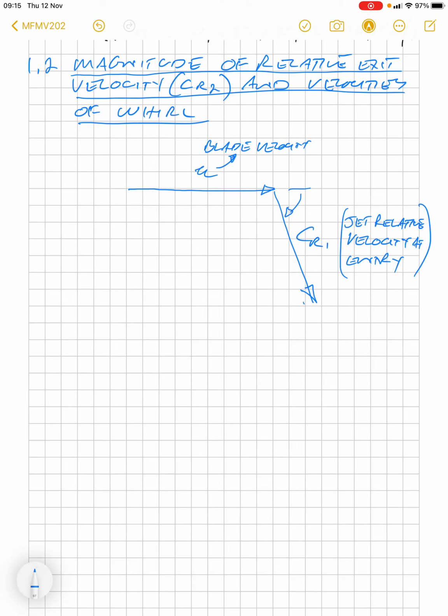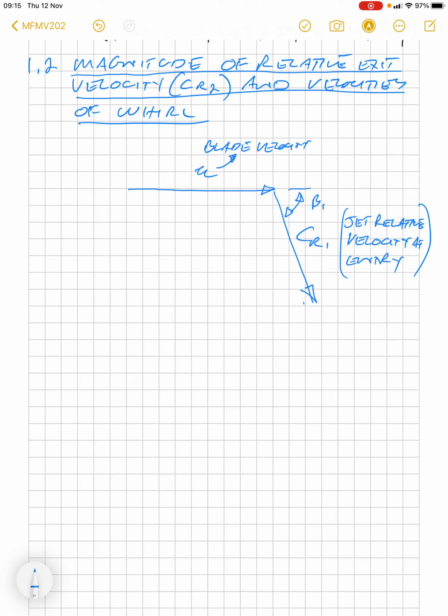Remember, this is angle beta 1. CR1 is the velocity relative to the blade of the jet.